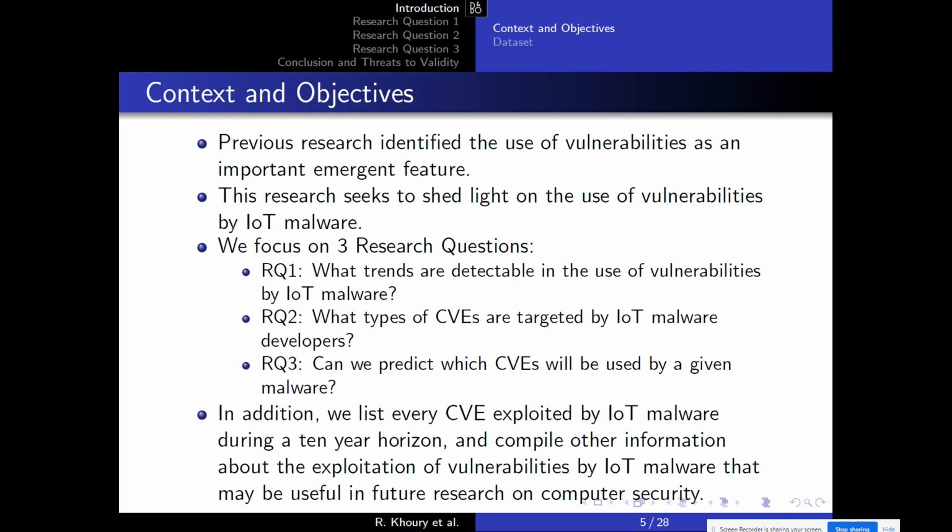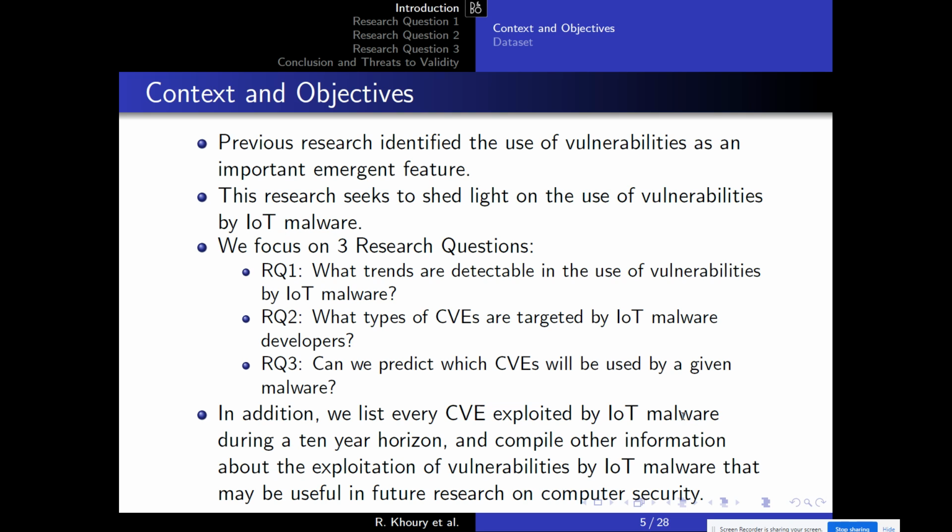But starting a few years ago, we began to see IoT malware that exploited vulnerabilities on the target device. That was one feature that we looked into in the feature-based analysis of the evolution of IoT malware, and in this paper, we dig deeper into that specific feature.